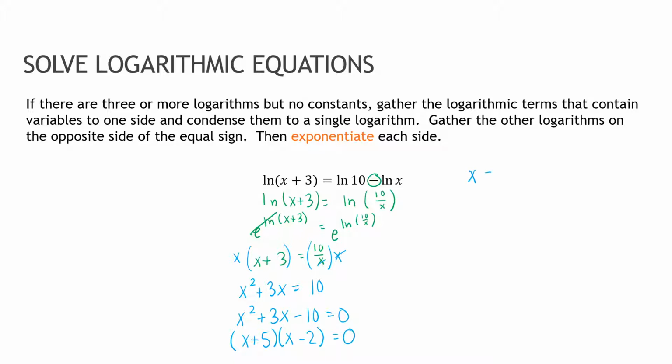X plus 5 is equal to 0, so x is negative 5. And x minus 2 is equal to 0, so x is positive 2. Again, I need those answers to be positive, so if I plug in a negative 5 here, I would end up with a negative, so this guy is not going to work. If I plugged in positive 2, I would get 2 plus 3, that's 5. The other one, 10 divided by 2 is 5, so my only answer is x equals 2.